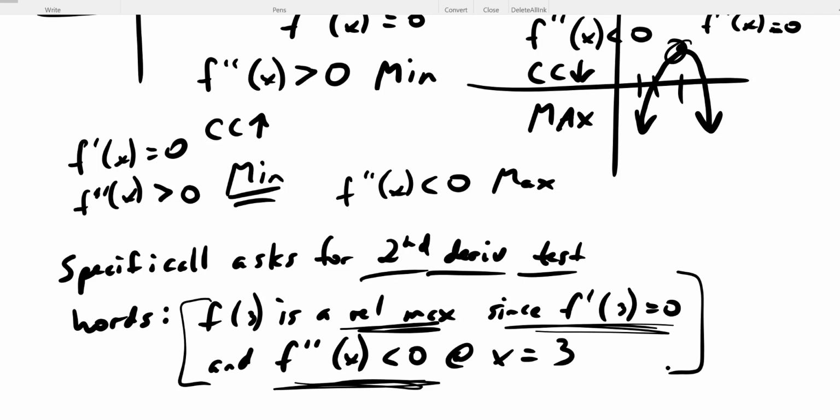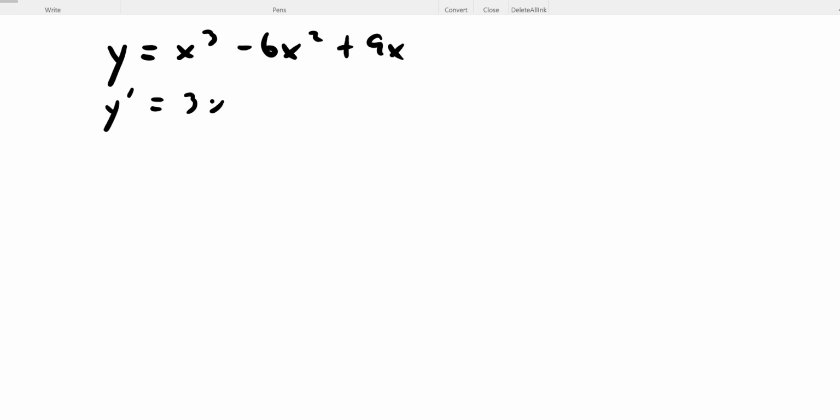All right, so let's do one example here, math fans, to show you what I'm looking for. Here's the problem: y is equal to x cubed minus 6x squared plus 9x. First thing I'm going to do, y prime is 3x squared minus 12x plus 9.